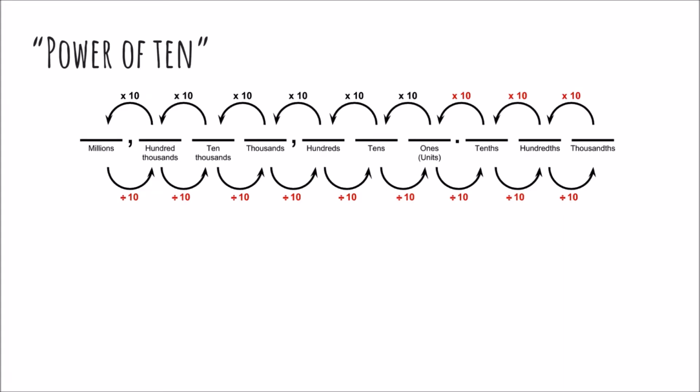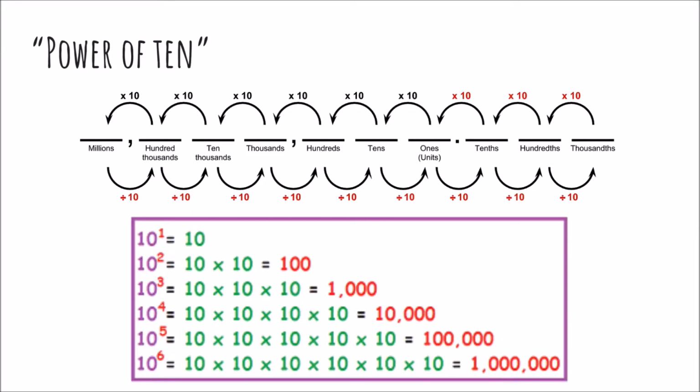You'll hear people use words like powers of 10. This pattern of multiplying and dividing by 10 is because our place value system is based on powers of 10. Here's another way of looking at that. You can see 10, that's the purple number, with its power, the red number up in the corner, and that equals a certain number of tens multiplied together.